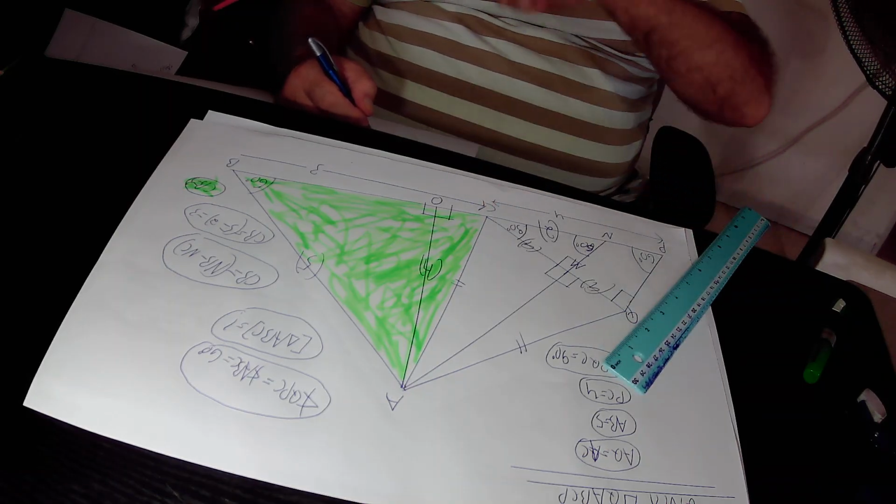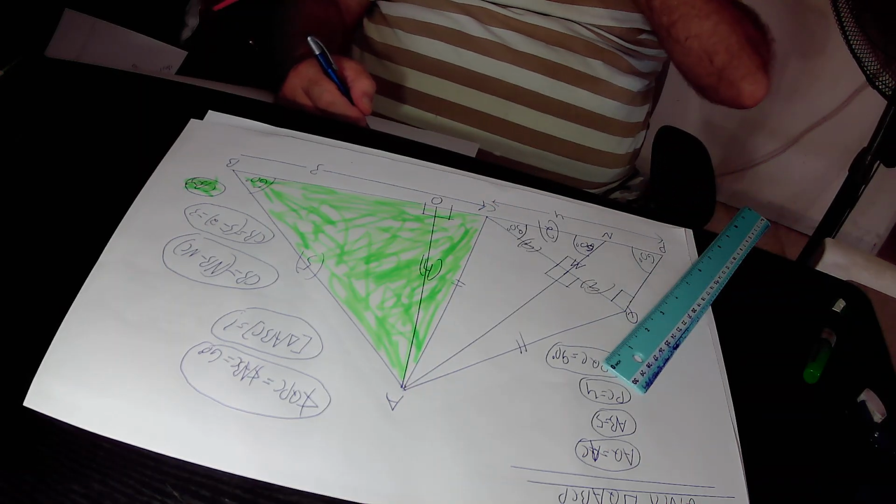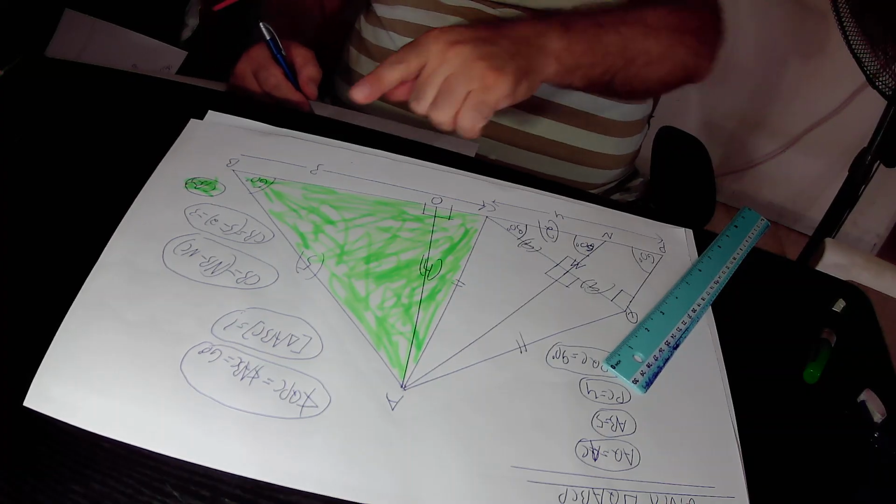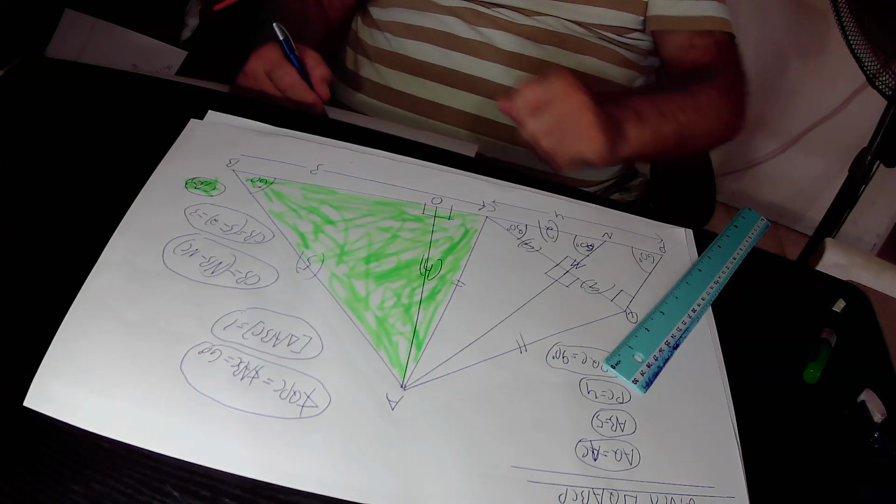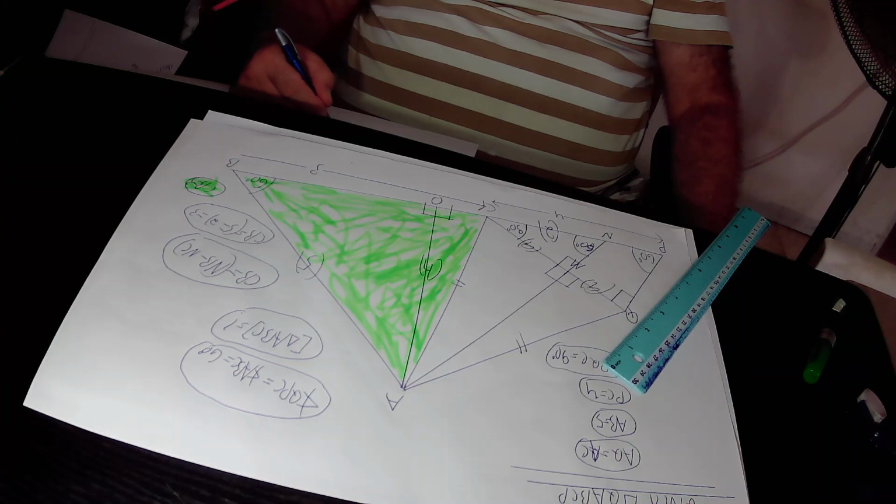Side AO equals H, according to our definition. Angle ABO equals 60 degrees, according to what is given in the question.